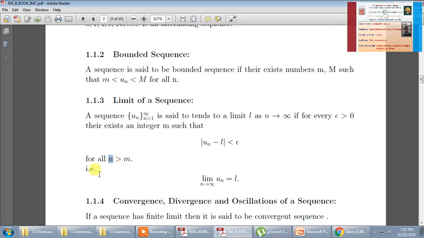So for all those n, |u101 - L| should be less than epsilon, and note that epsilon is a small value greater than 0. So the modulus of the difference between the higher values of un and the limit should be less than epsilon, and this is simply denoted by limit as n tends to infinity of un equals L.